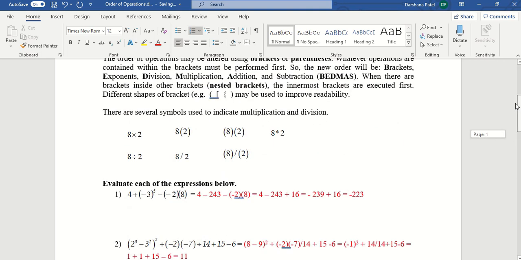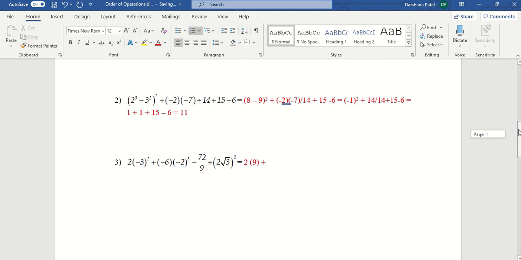We should not use a calculator for simple calculations. You're allowed to use it, but it's not a good idea. Okay. So we get negative 6 here. Negative 2 cubed will give us negative 8. Okay. Subtract 72 divided by 9 will give us 8, plus 2 square root of 3 squared.